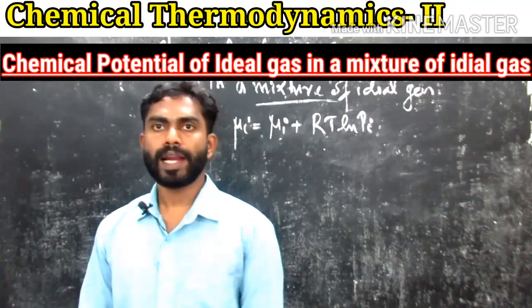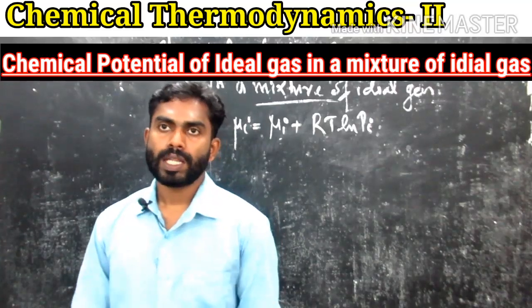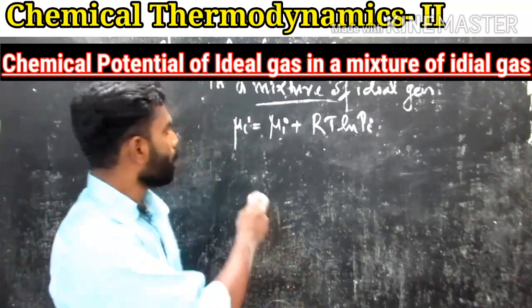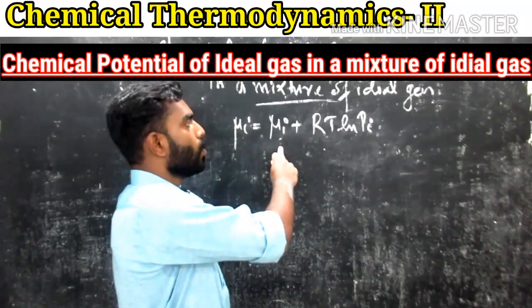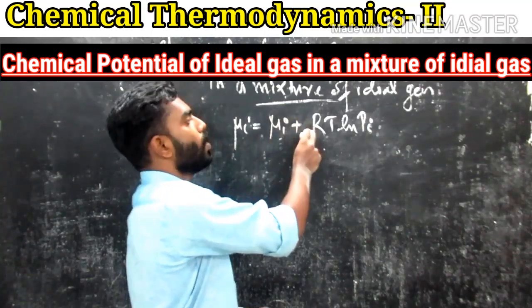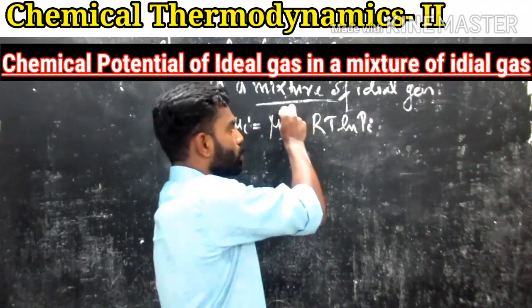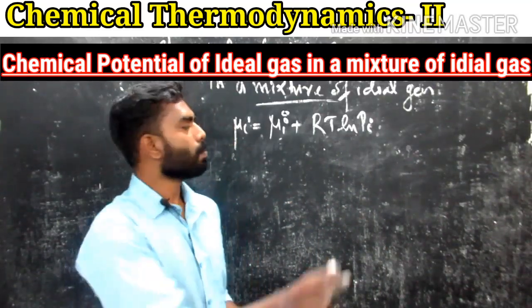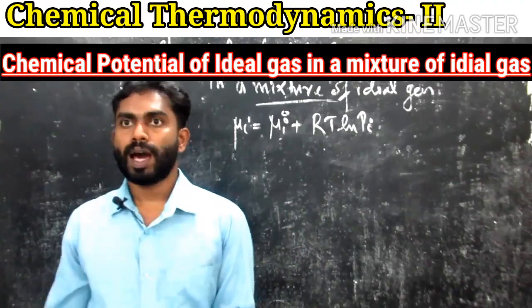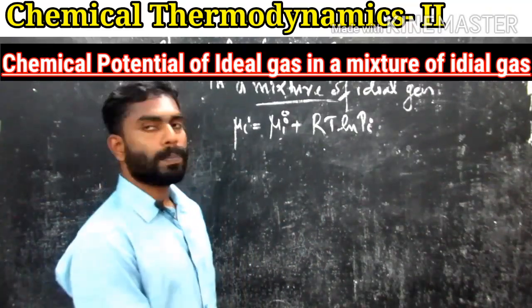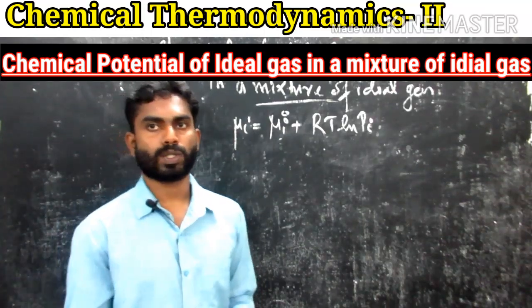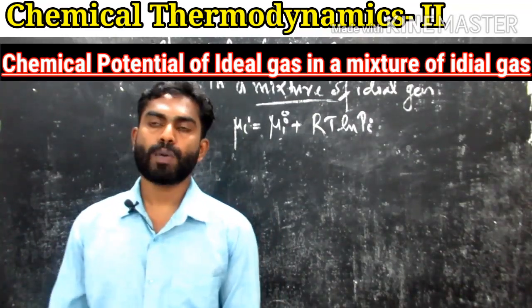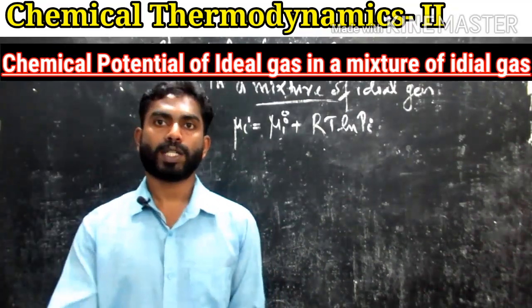In a mixture of ideal gases, the chemical potential mu i of the ith component is given by mu i is equal to mu i0 plus RT ln Pi. Then Pi is the partial pressure of the ith component, and mu i0 represents the standard chemical potential of the ith component.